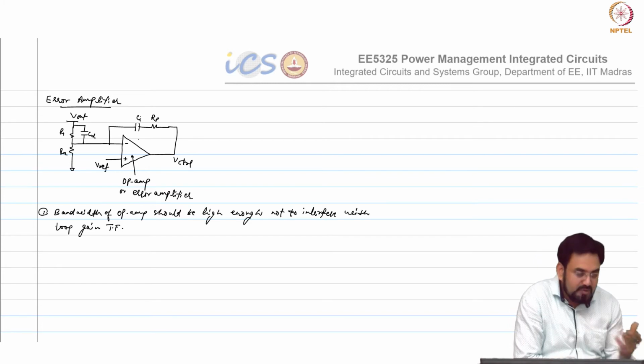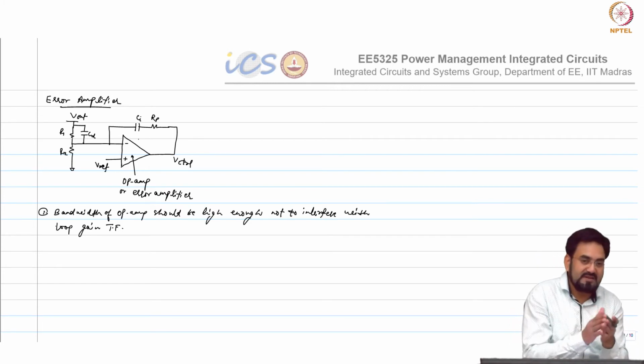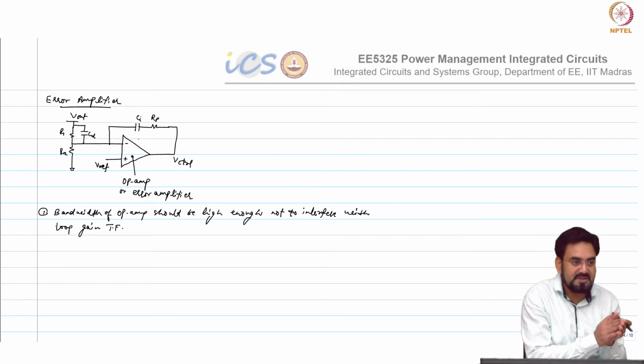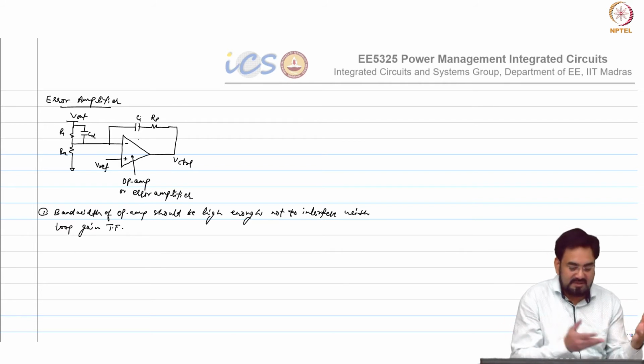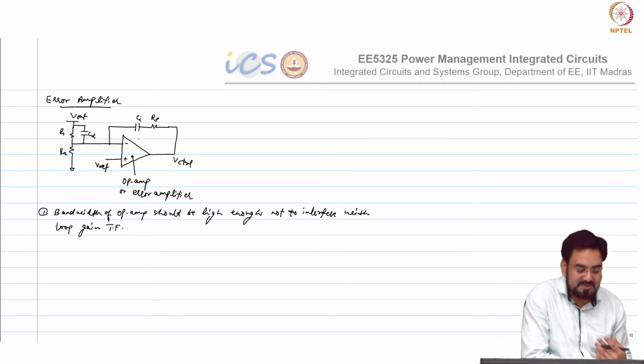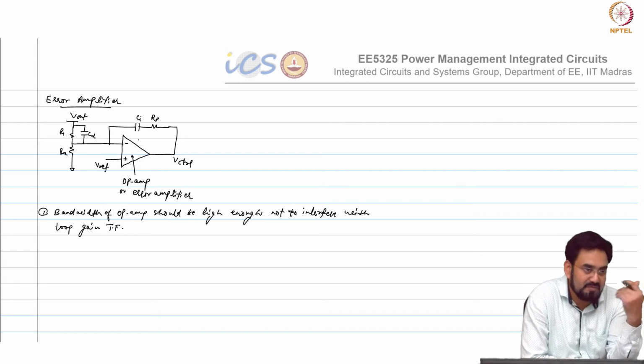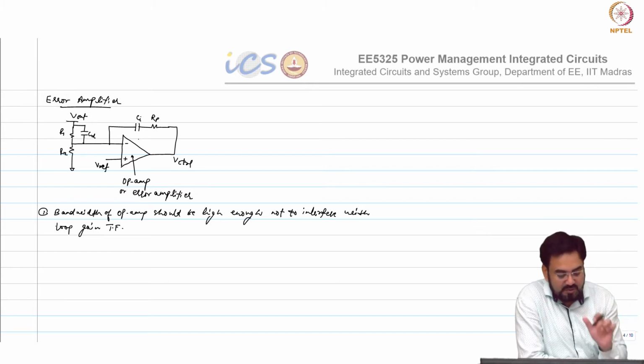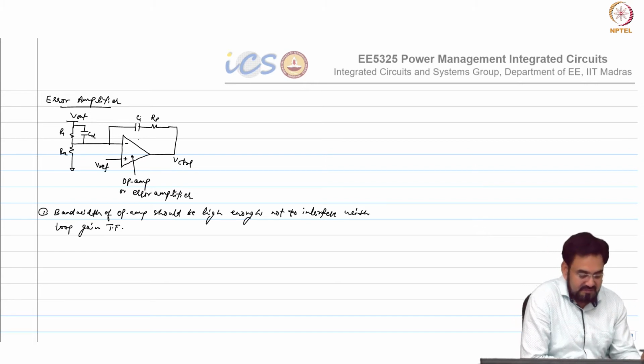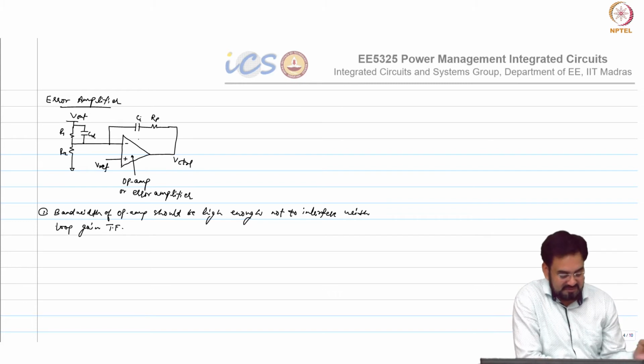So one more pole means, even if it's not inside UGB, but even if it's, let's say, within 4 to 5 times of UGB, still you will get a significant drop in phase margin, maybe 5 to 10 degrees, which is significant. So that's why we don't want the pole due to op amp to interfere with your loop gain transfer function. So that's the one thing.